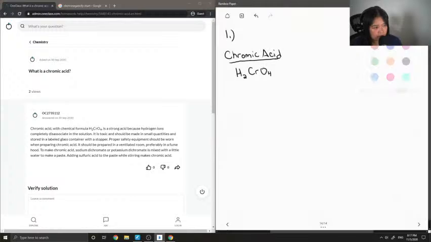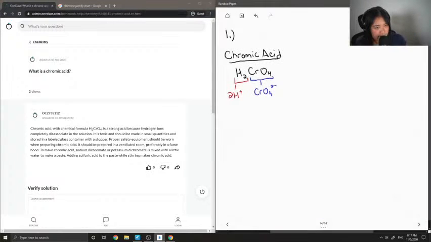So basically, if I were to write these out into ions, we'd have 2 H plus ions and 1 CrO4 2 minus, which is the chromate ion, and it has a -2 charge.